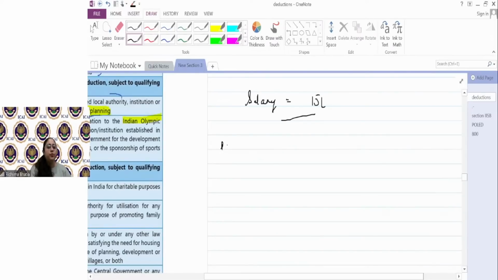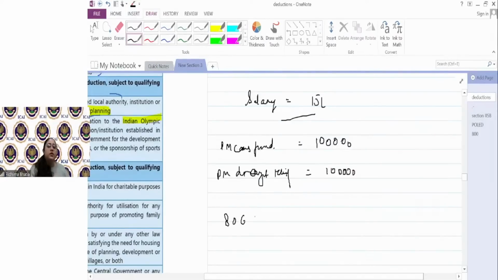He makes a donation to PM Cares Fund and PM Drought Relief Fund. PM Cares Fund में 1 lakh, Drought Relief Fund में भी 1 lakh. What is his deduction under section 80G?